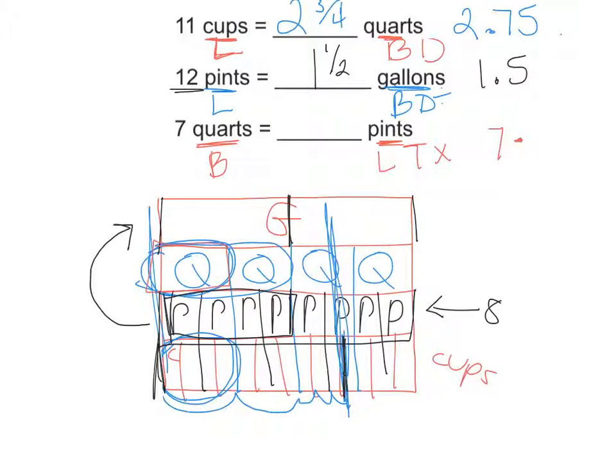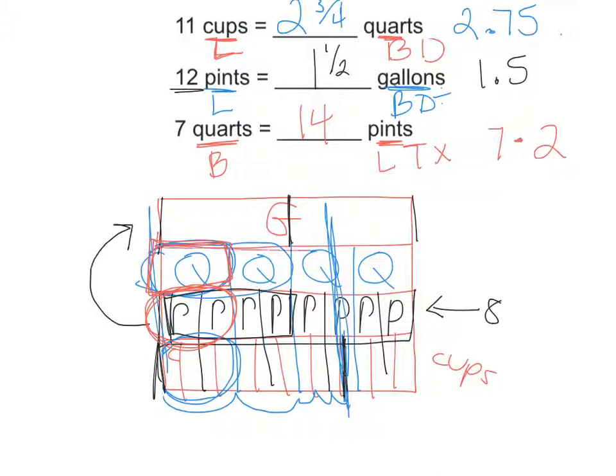So here's a quart. When I have a quart, that's the same as having 2 pints. So the relationship between quarts and pints is 2. So I'm going to do 7 times 2. And I know 7 times 2 is 14. So if I had 7 quarts, I would have 14 pints.